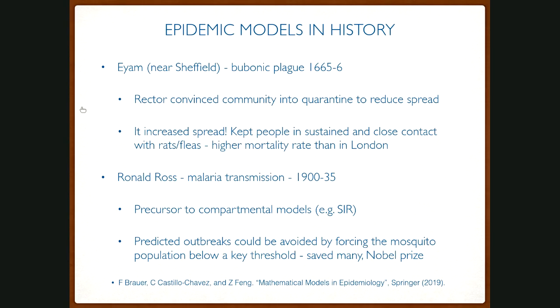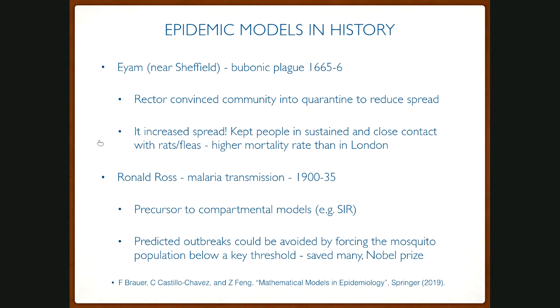What actually happened, because it may not have been as clear at that time, was that being in close contact with rats and fleas led to a higher mortality rate than in London. This was maybe an example where some more precise modeling could have been beneficial.